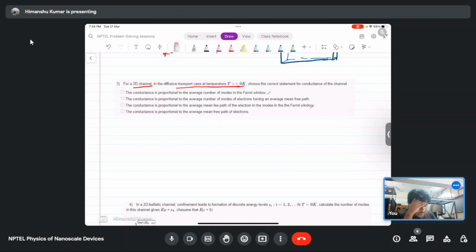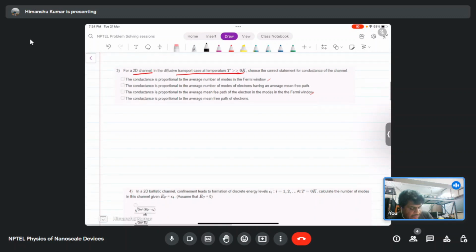So basically, in the diffusive transport case, if we write the generalized conductance, G diffusive will be equal to 2q² by h, integral of T(E) times M(E) times minus df over dE times dE.